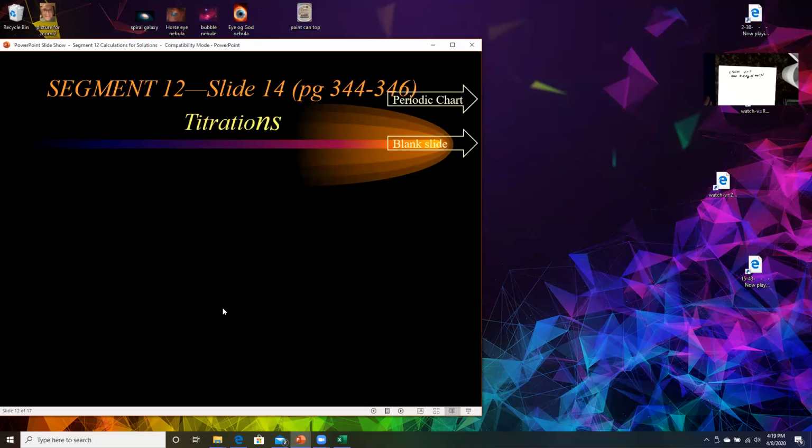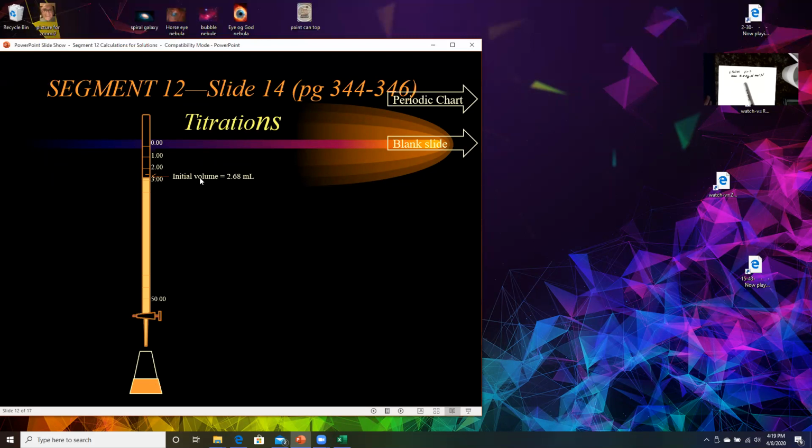Okay? All right. Let's look at titrations. And when you are titrating things, you put one of the reactants in the burette, and you put the other one in the flask below. And this is the point of this week's experiment, I think. And so you read the initial volume.